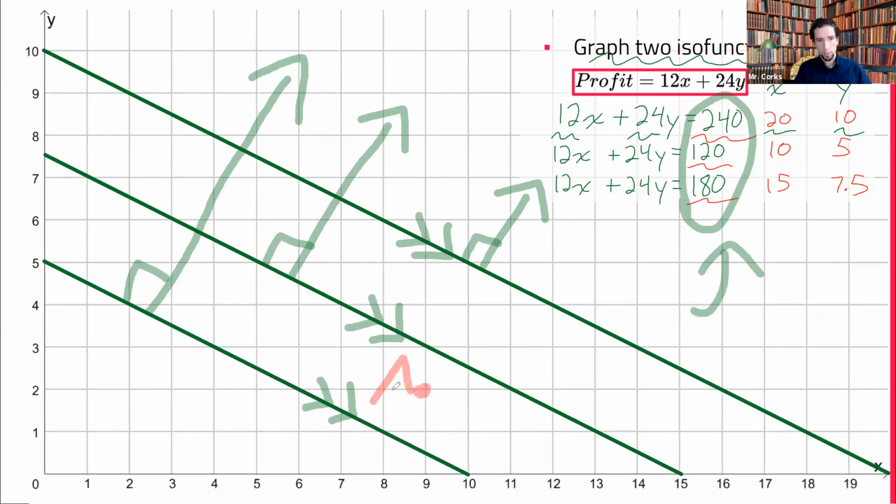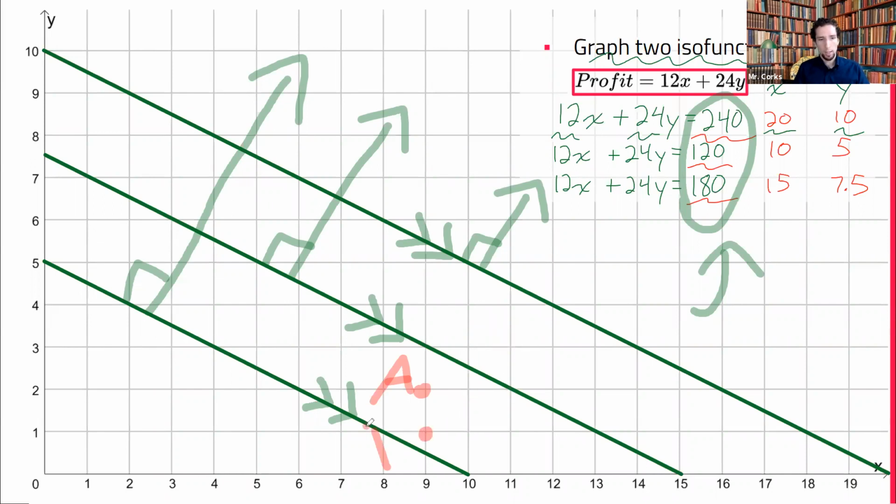I'll take this point and we'll call this A, and here's another point, we will call this B. Between A and B, which one has the higher profit? B has the higher profit. They're both level relative to the y-axis, but relative to these green perpendicular arrows, B is higher.